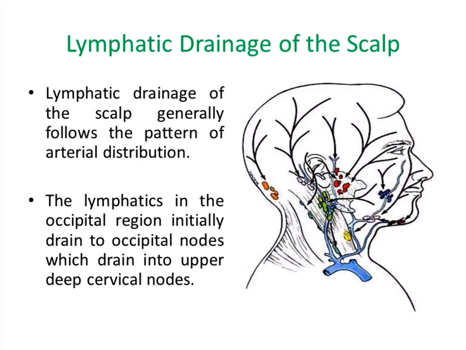The lymphatics in the occipital region initially drain to the occipital node, which drains to the upper deep cervical node. We will talk about the venous drainage of the face and the neck, and about lymphatic drainage later on.